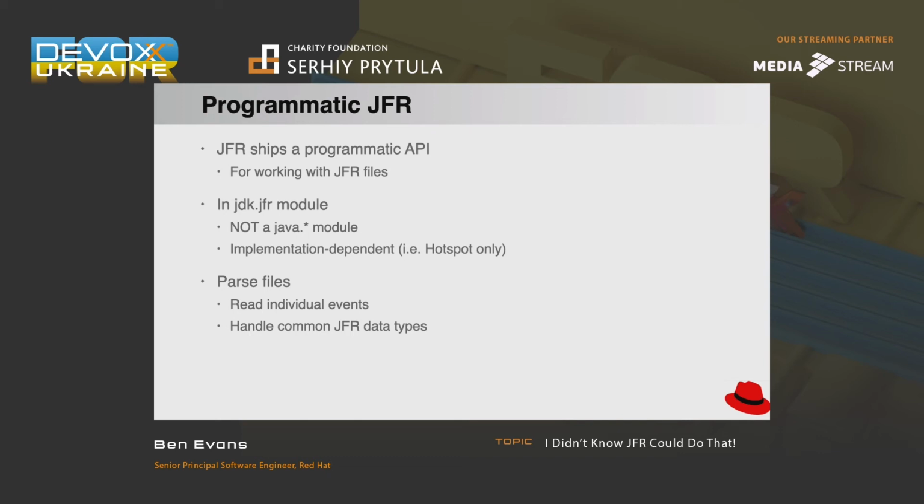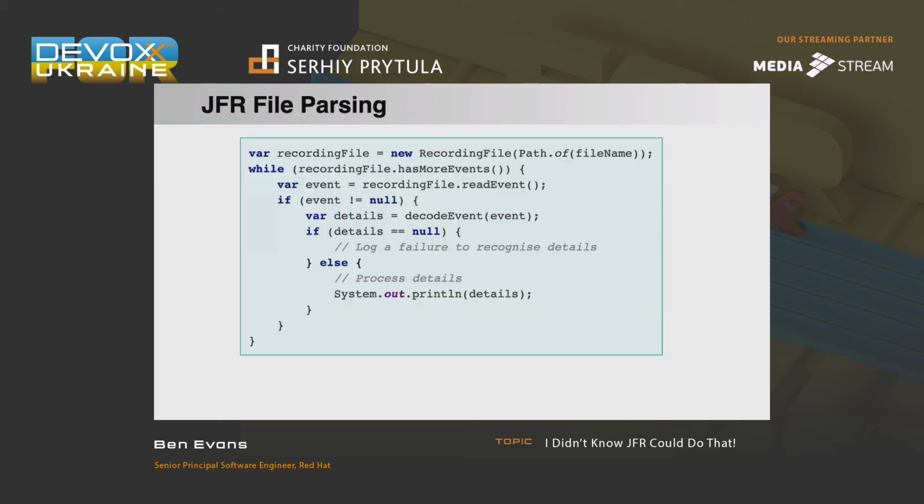You can use it to do things like parse JFR recording files, and you can read individual events and deal with the data types that come in. So, for example, you might want to do something like this. Here is a very high-level schematic view of how you would handle a JFR file.